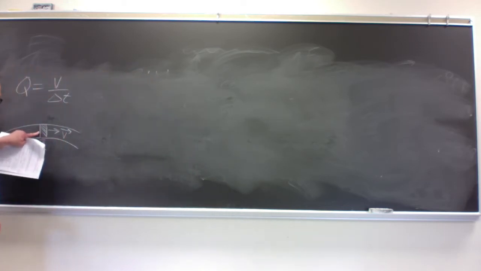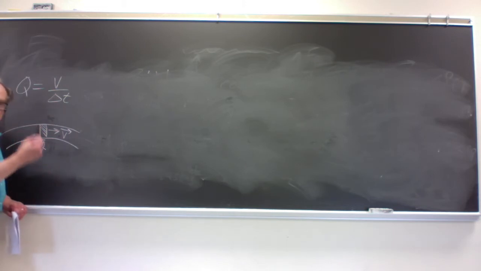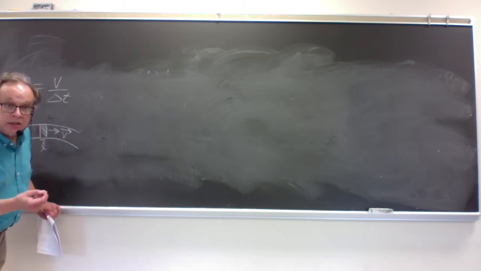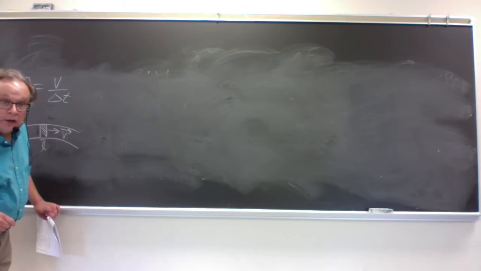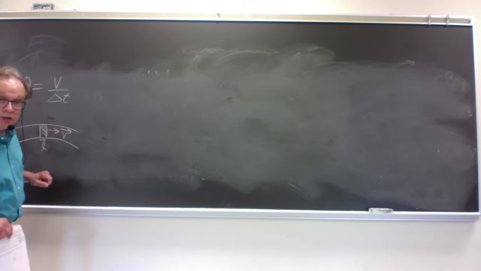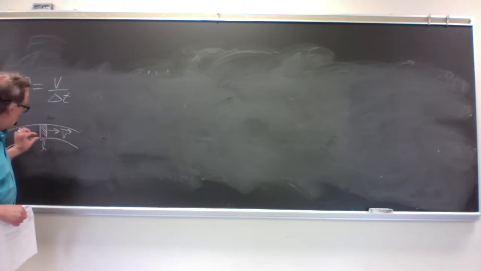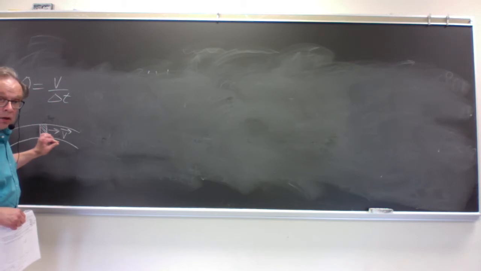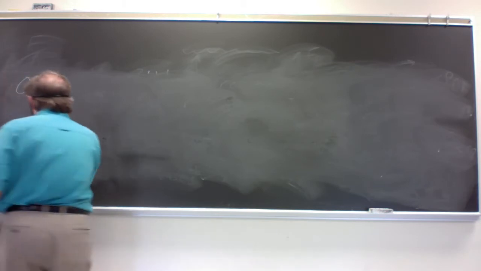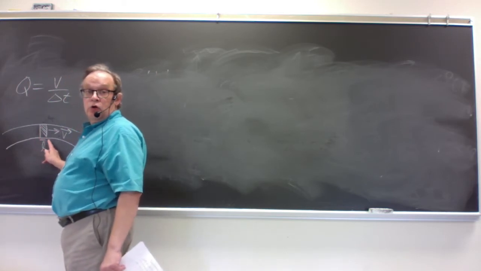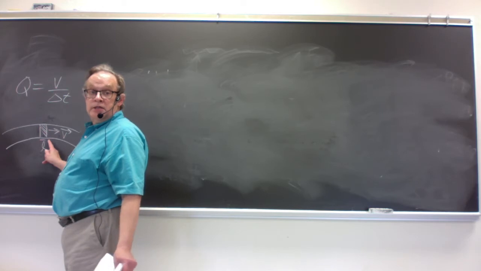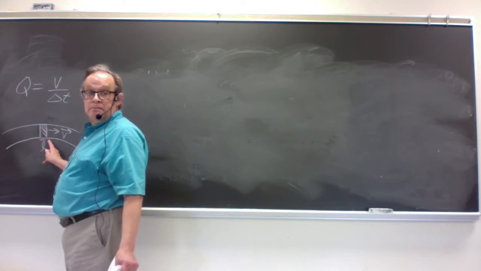So imagine that in delta t seconds, this is the volume of fluid that passes by this point. For that, delta t has to be long enough for all the fluid at this end to make it all the way across this far in delta t seconds.